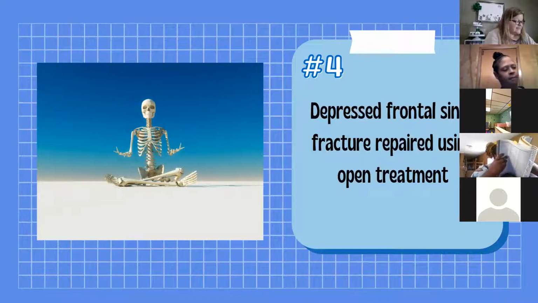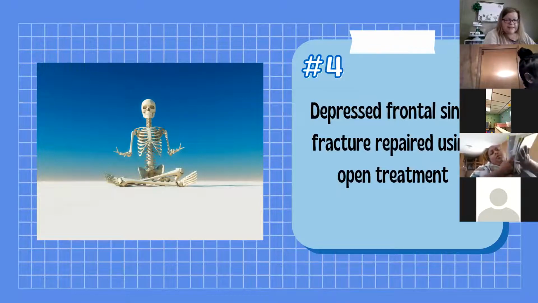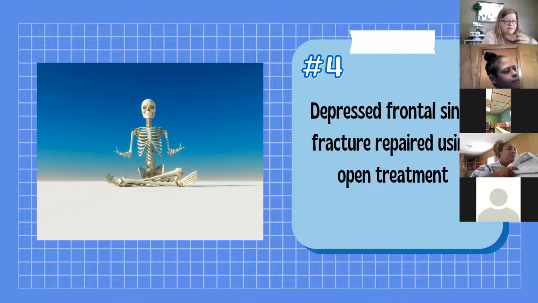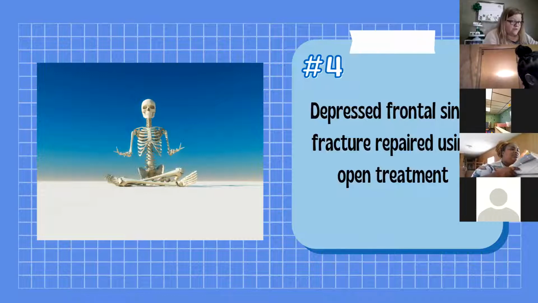It's not giving us anything about a coronal or multiple approaches or anything like that. It's just a depressed frontal sinus fracture that was repaired via open treatment. So yeah, 21343 is going to be the code we use.